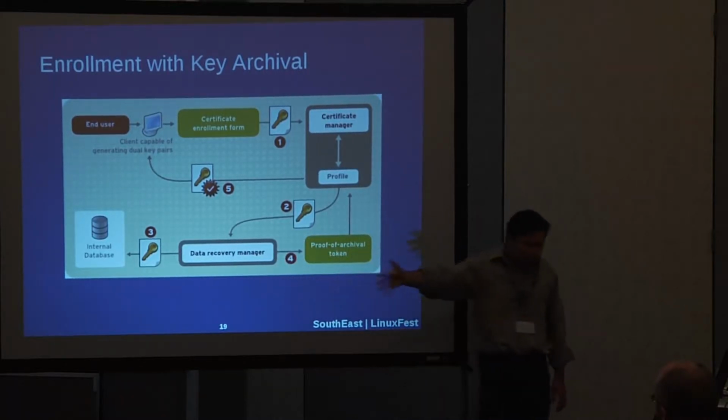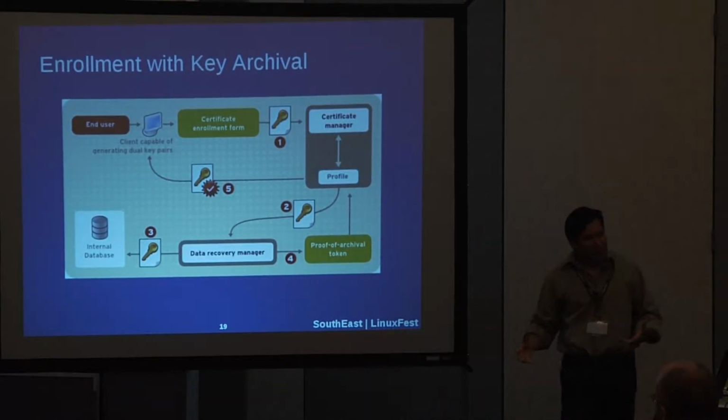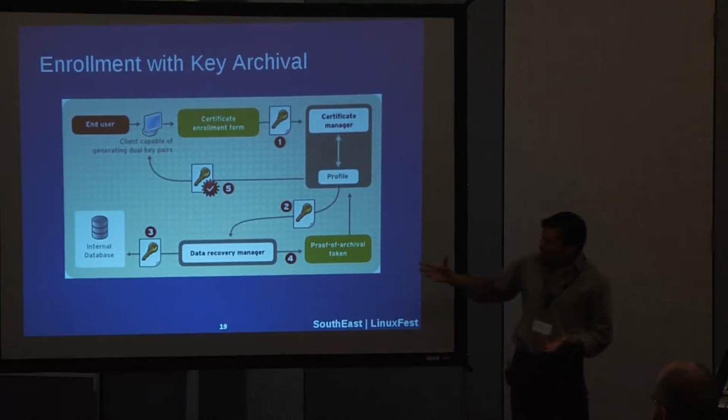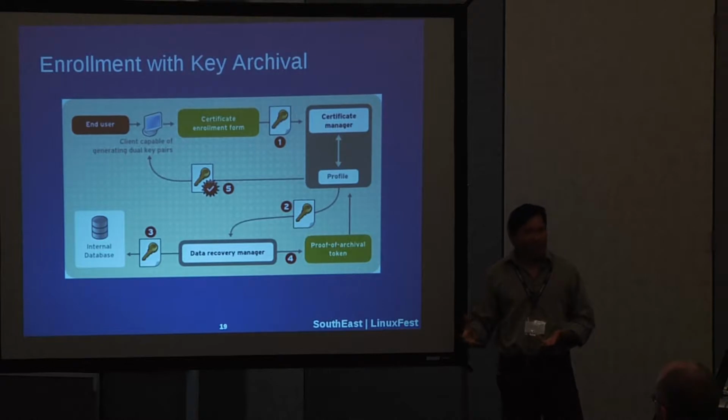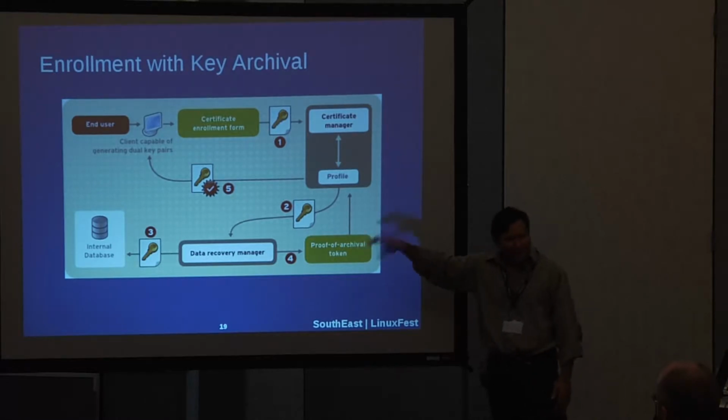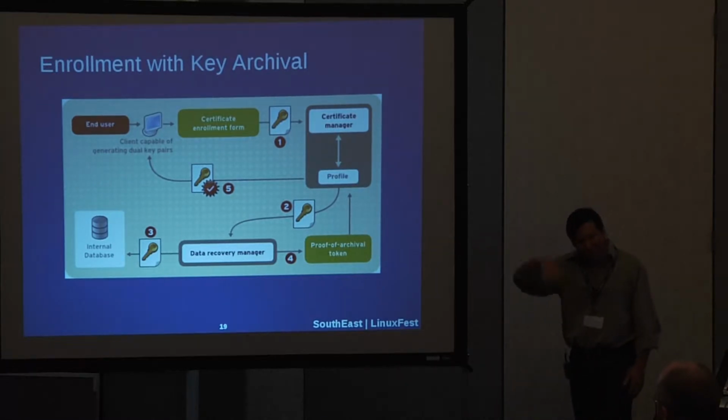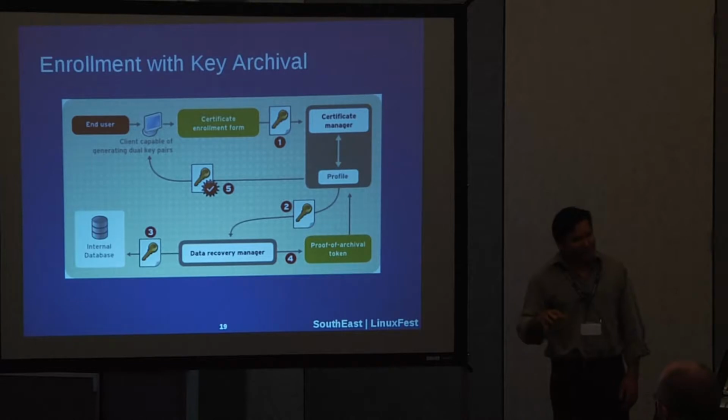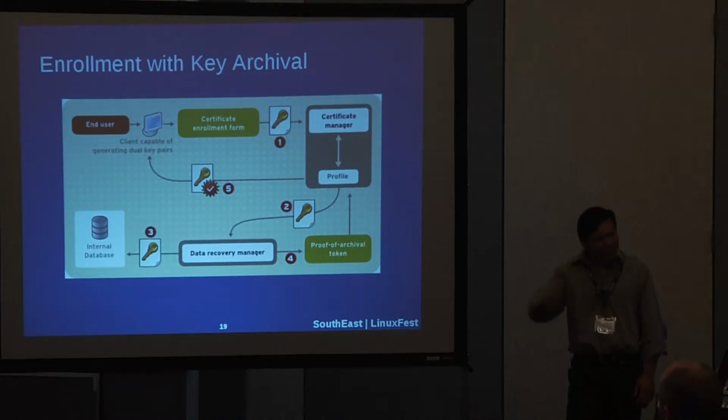It gets stored in the DRM. It gets unencrypted in the token, in the hardware token if you have one of those, and gets stored in the internal database, encrypted with another DRM transport key. If you're really interested, a session key is generated, the private key is encrypted with the session key, and then it's stored like that.